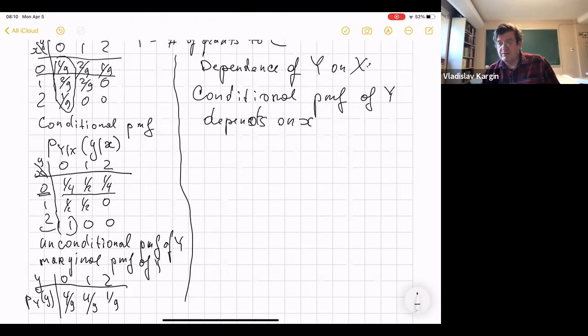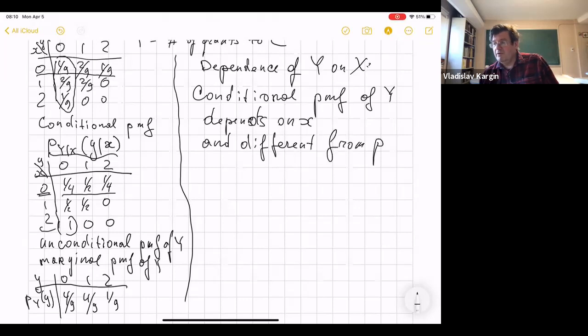So you can see there is dependence here. This is different for different x, and different from p_Y of y, the marginal. And so now if you want to exclude this situation, this will be called independence, right?